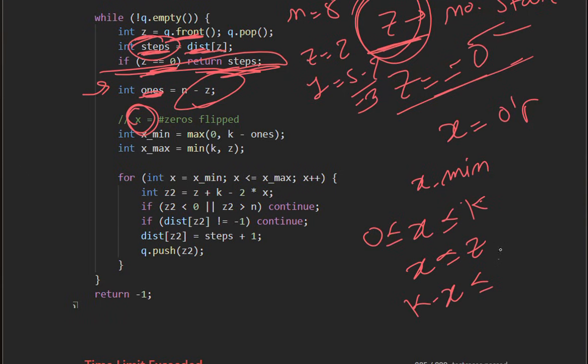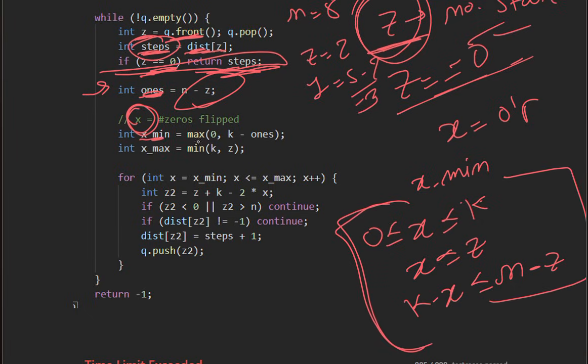So k minus x should be less than or equal to n minus z. If we solve these three conditions, we get x minimum as the maximum of 0 or k minus the number of ones. See, this is the number of ones, right?